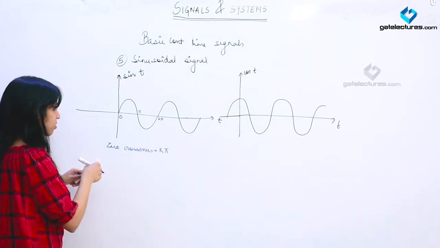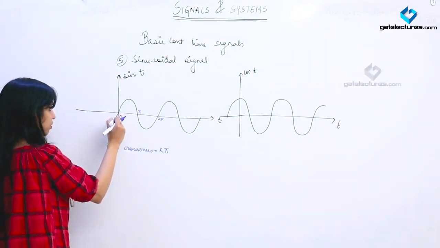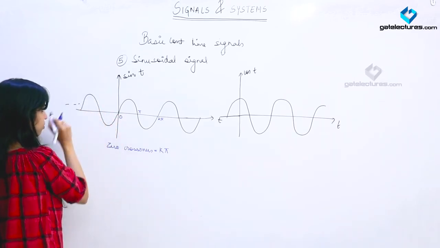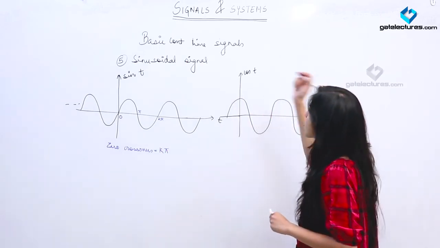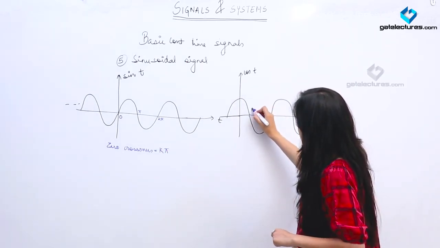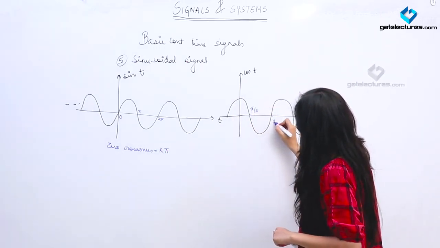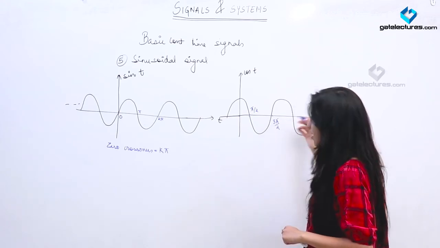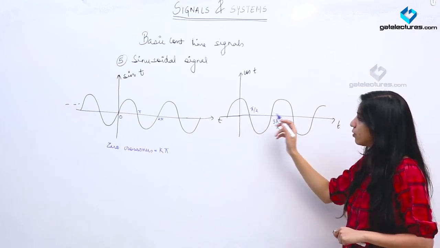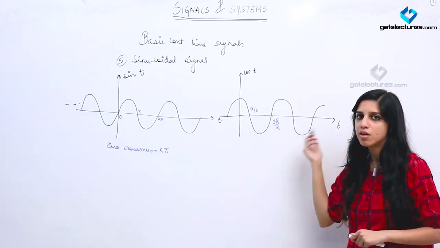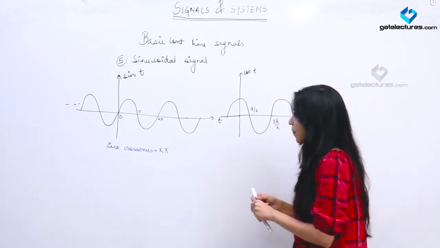This signal continues in the negative direction also. Now zero crossovers for cos t occur at pi by 2, 3 pi by 2, 5 pi by 2 and so on.